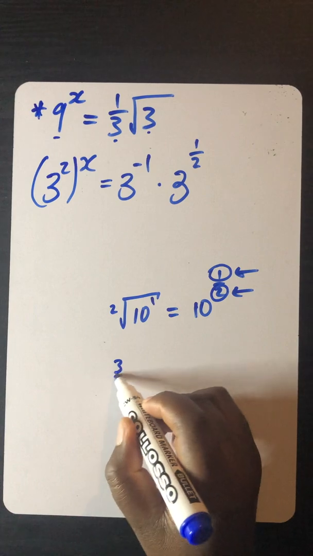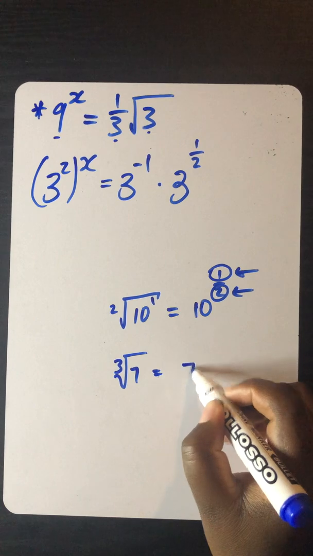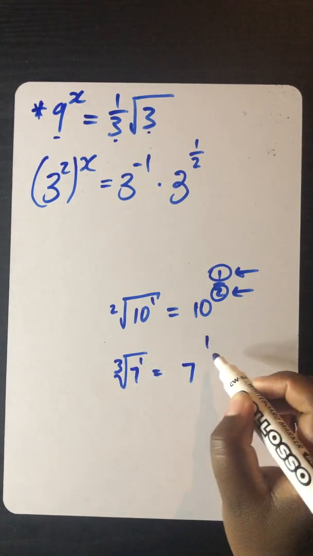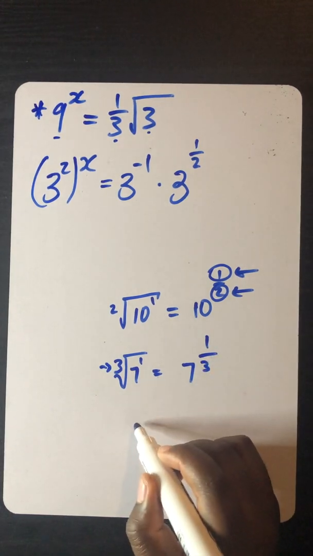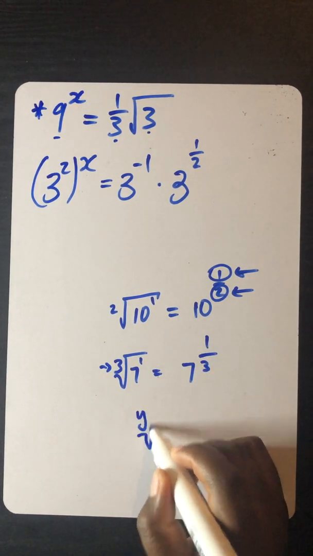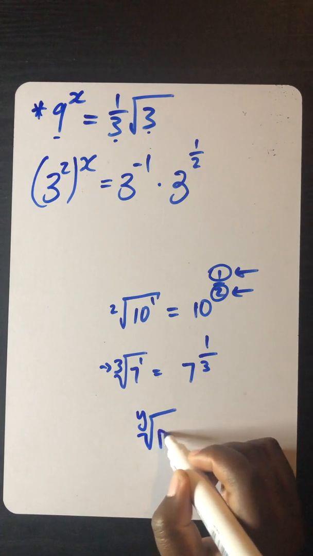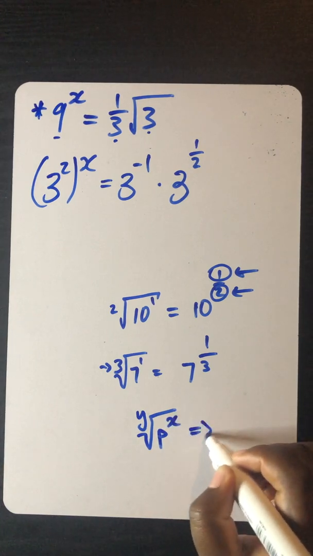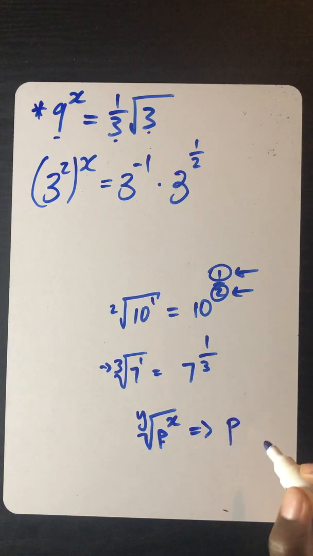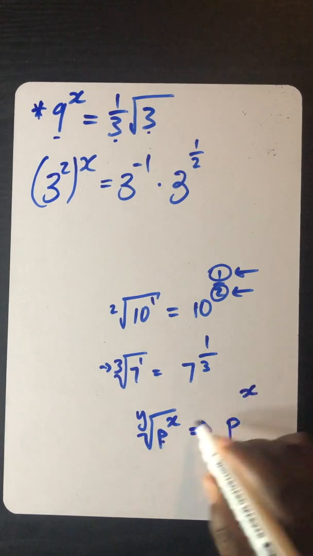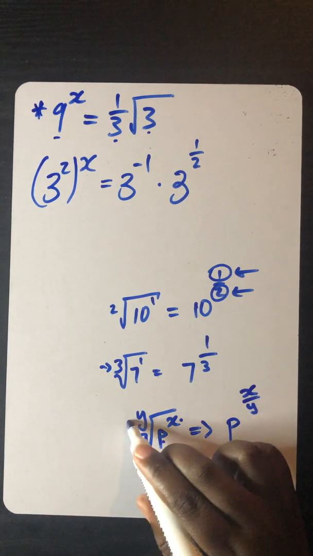Unless you say the cube root of 7, that's when we say 7 to the exponent 1 over that 3 there. Otherwise, if you've got y to the exponent, let's say, px, that's when you'll understand this even better. So it is that p as the base, and it is that x over there divided by that y over there.